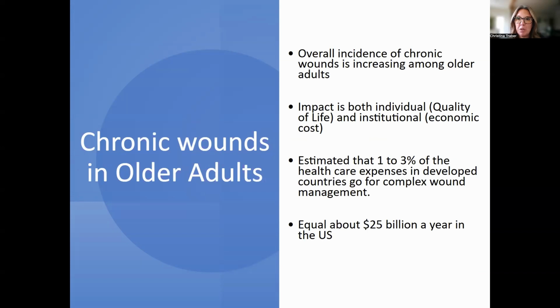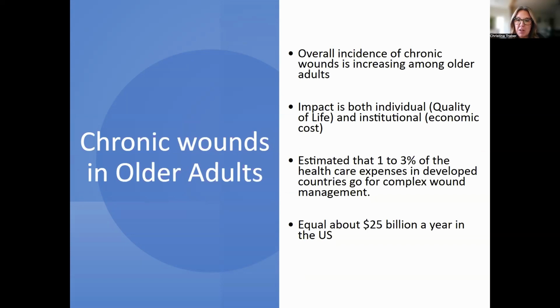In chronic wounds, we know that overall the incidence is increasing among older adults. This has a big impact on both individual quality of life and also institutional, which we'll talk about. For example, it's estimated that about 1 to 3% of healthcare expenses in developed countries go to complex wound management, so to supplies and to wound nurses and all of those things.